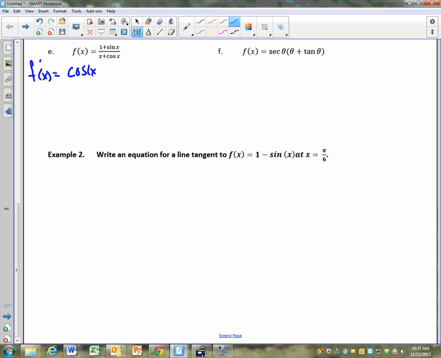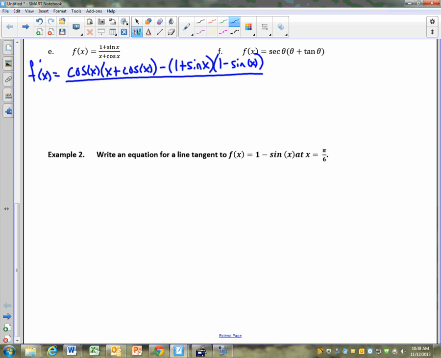Cosine of x times the bottom left alone, which is x plus cosine of x, minus 1 plus sine of x times the derivative of the bottom. Some people started to say that the derivative of the bottom was 1 minus sine squared. Is that correct? Or 1 minus sine, excuse me.